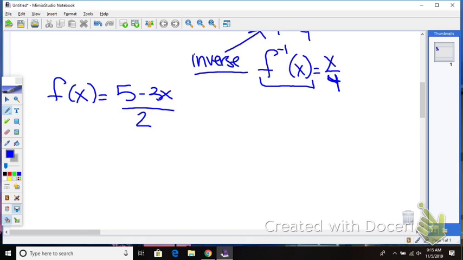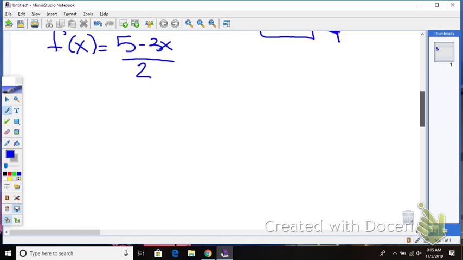What's our step 0? Okay, so I'm going to rewrite this as y equals 5 minus 3x over 2. And then step 1, switch x and y. So don't do any math, just switch the x and the y.